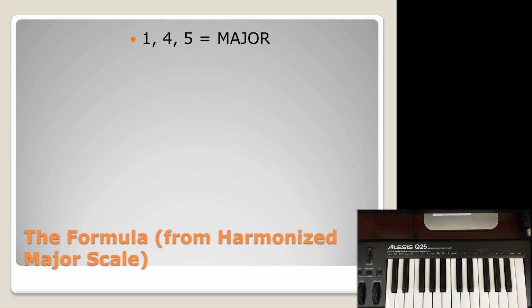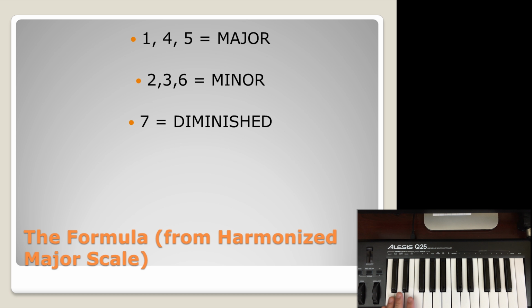But 1, 4, and 5 is major, right? 2, 3, 6 are minor. These are the chords we're going to get from the key, and the 7 is diminished. Now, if you go to the key of C again, you have a C major chord. We get that by stacking thirds. So you play the first note, you stack a third, stack another third, and you get a C major chord, right?